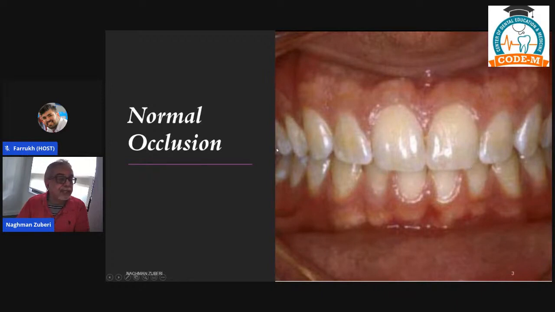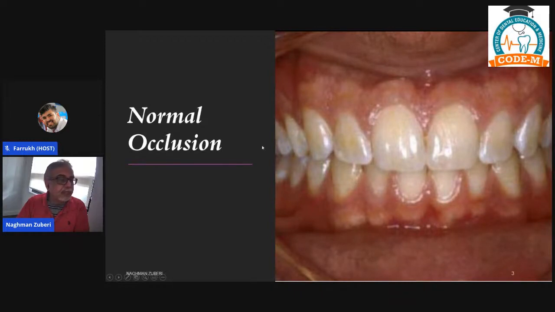When that same person brings the teeth into an edge-to-edge incisal relationship, they will have only anterior guidance and posterior teeth are disoccluded.